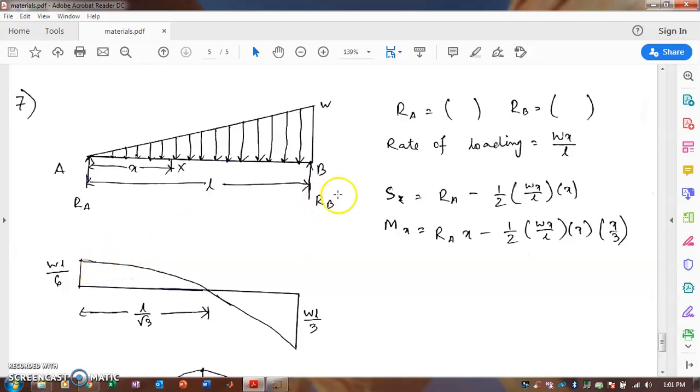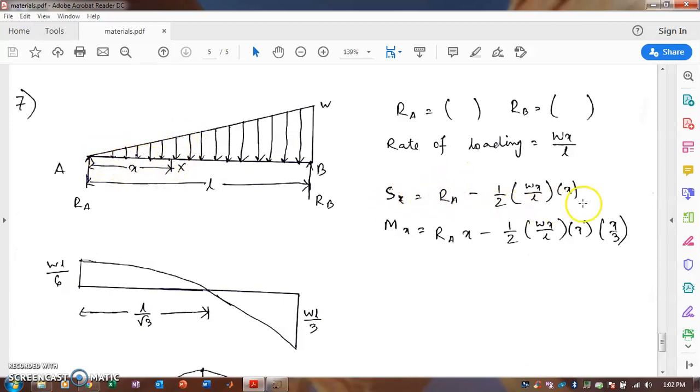The value of shear force at point X will be Ra minus the area of this triangle. At X, the load will be Wx by L. That is the height, Wx by L, and the base will be X. So the total load is half into height into base.